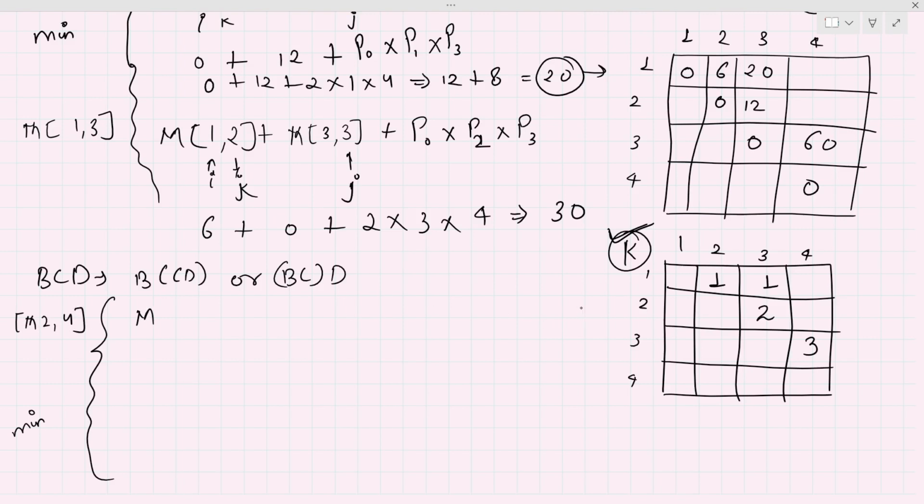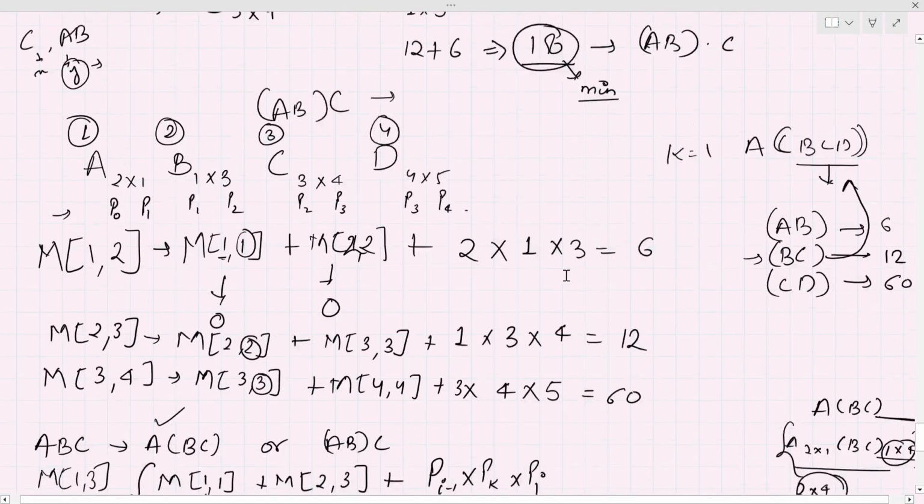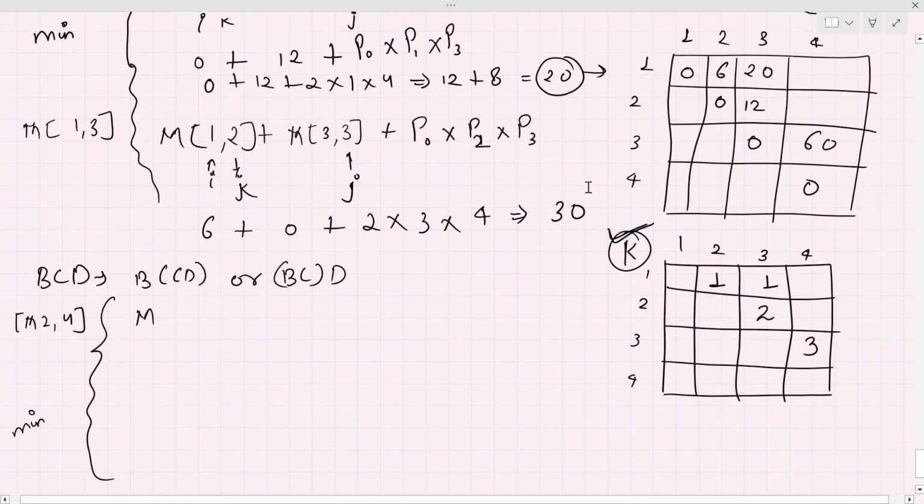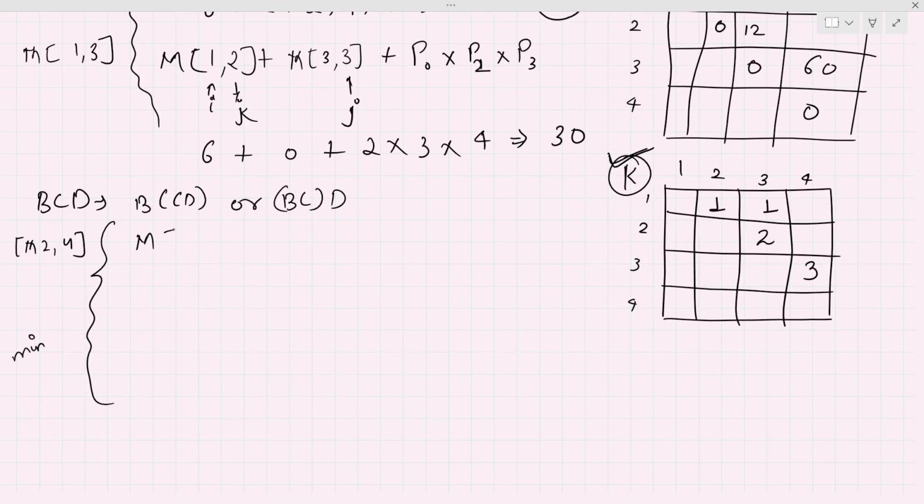Because in BCD, B is matrix number 2 and D is matrix number 4, so 2, 4. Now if we leave B, it means M2, 2, and multiplying CD means M3, 4, plus we have to multiply this B and CD as well.